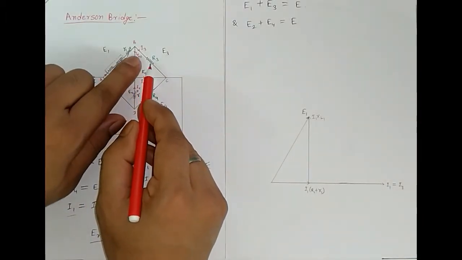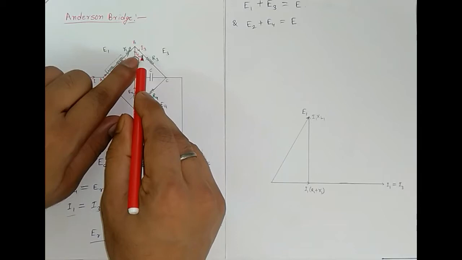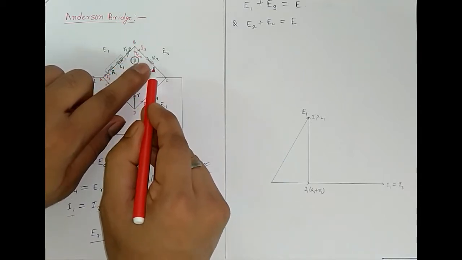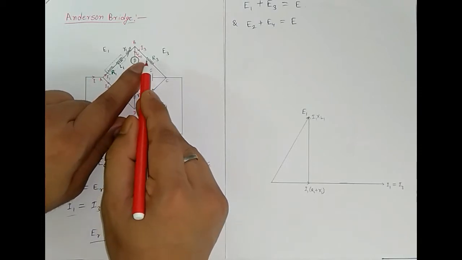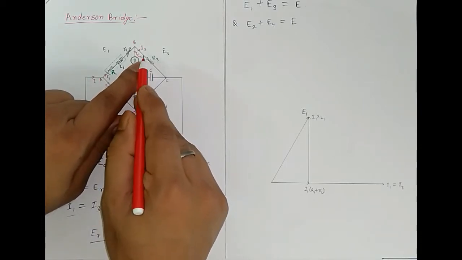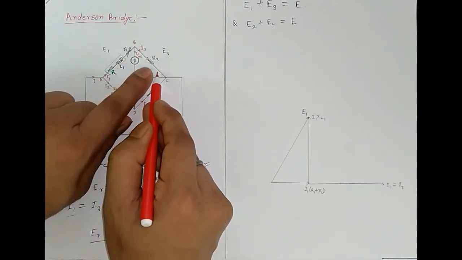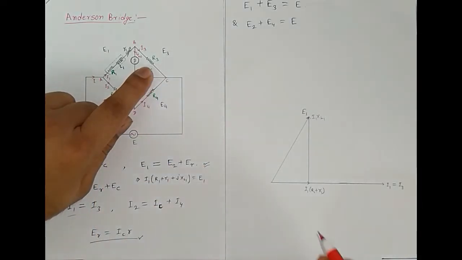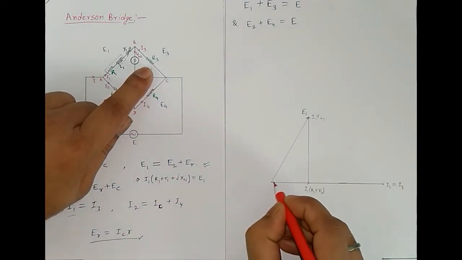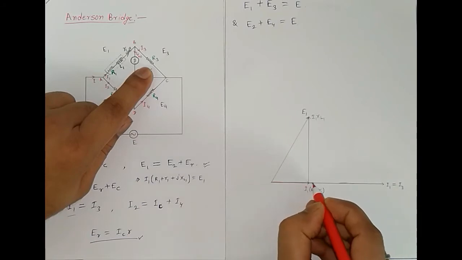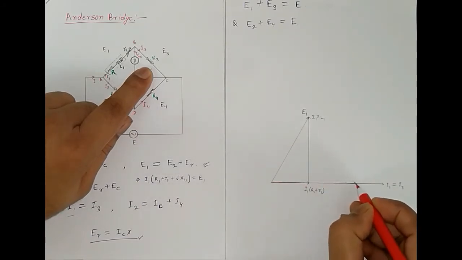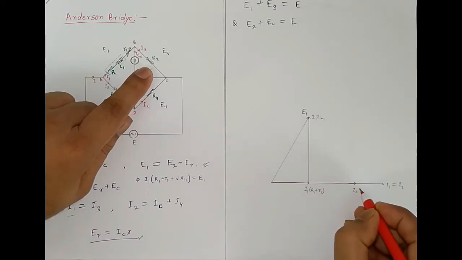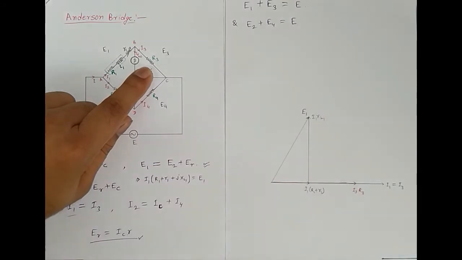Now if we know that this is E1, since I1 is equal to I3, that means we know this I3. So I3 into R3 will also give us E3, because they are in the same direction, because there is only resistance in this R. So let us assume that this is I3 into R3.